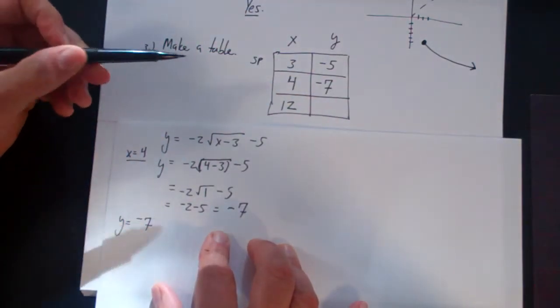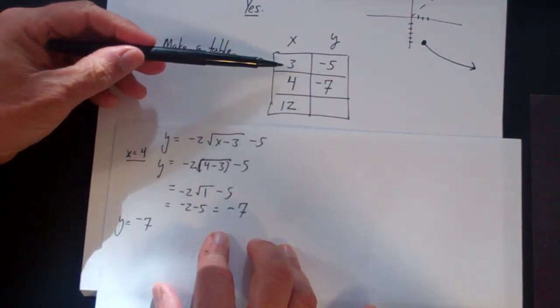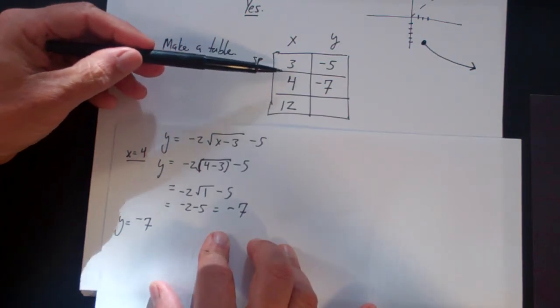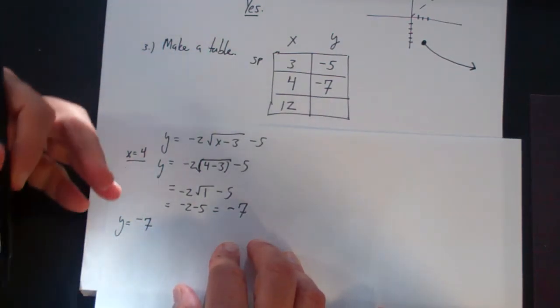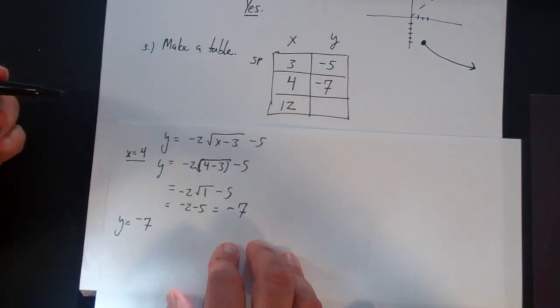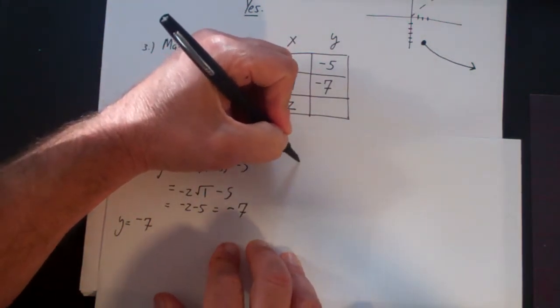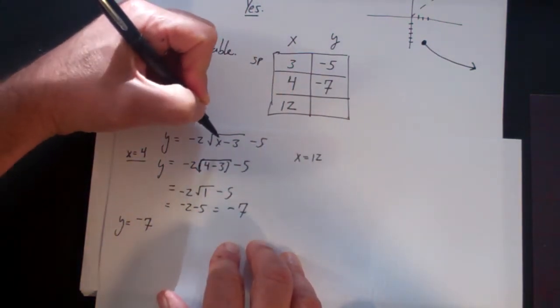And again, I can choose any x values I want to as long as it's an x value that's larger than the starting point. If I didn't choose carefully, I would get a decimal, and then that would be fine. It's just I would use a calculator. Now I'm going to choose x equals 12. So I'll plug in 12 where the x is.